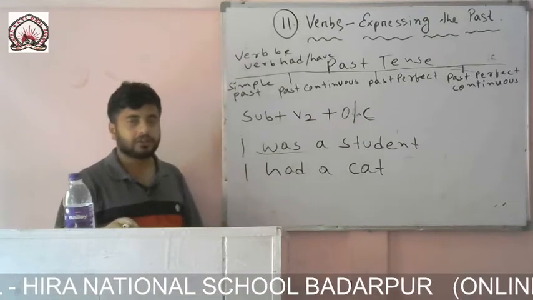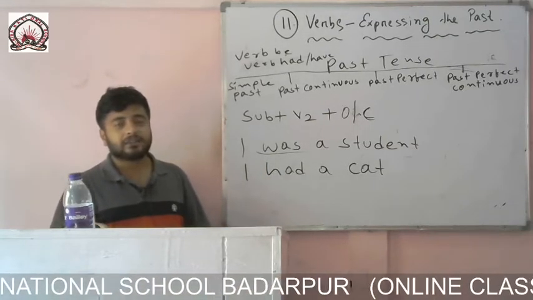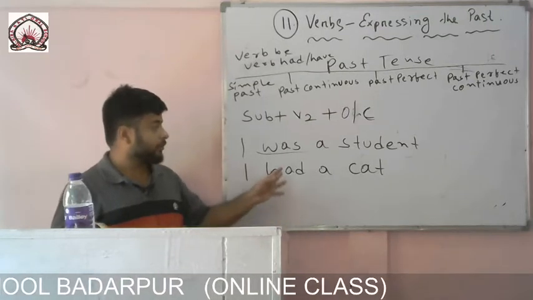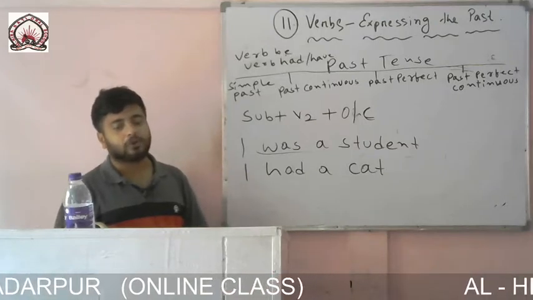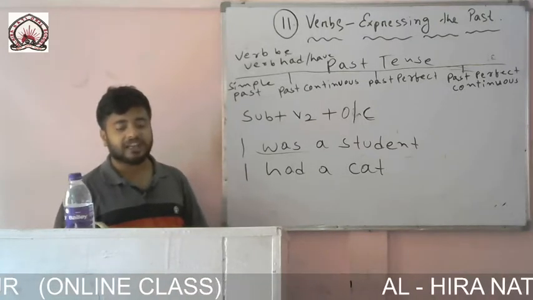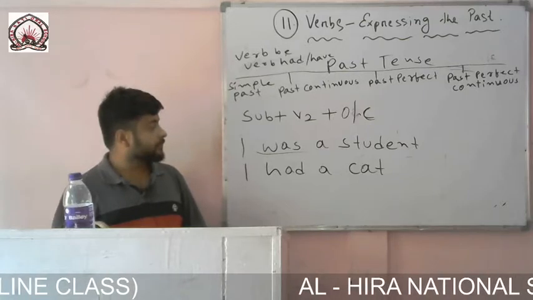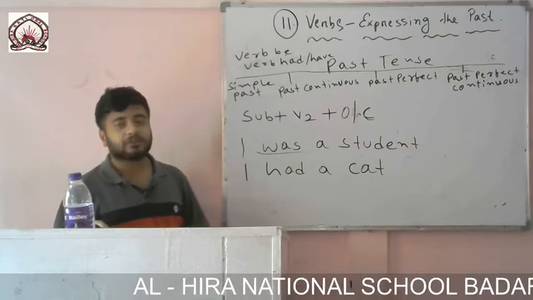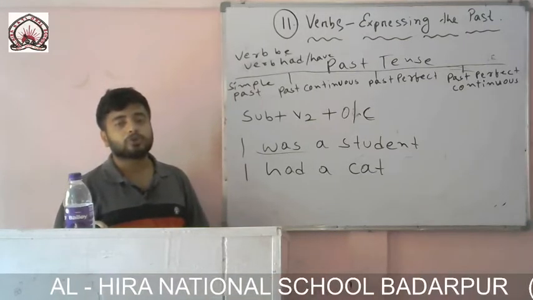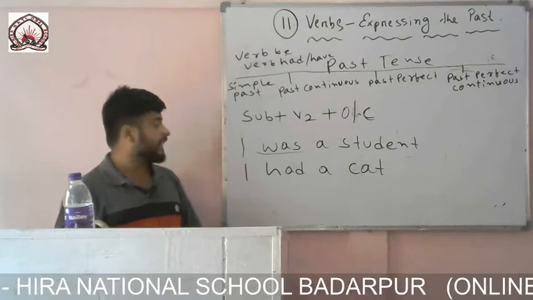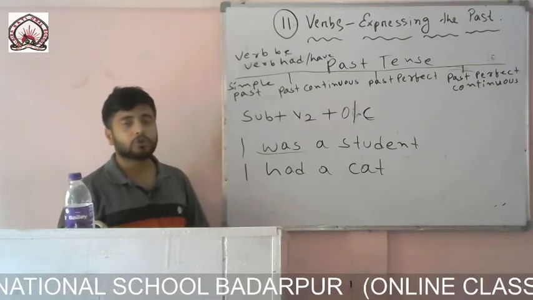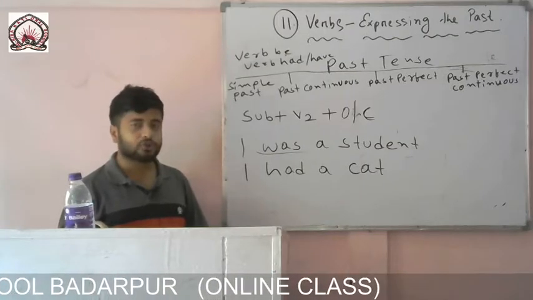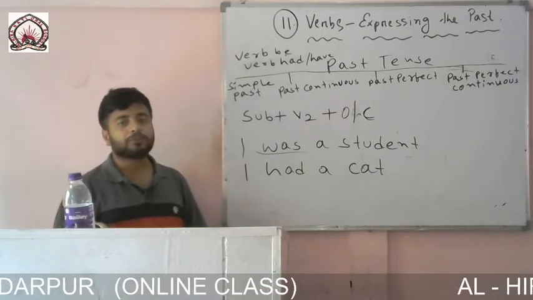Now, these verbs are used as an ordinary verb to show past existence or past possession. So was, were are used to show past existence, and most of the time had is used to show past possession.